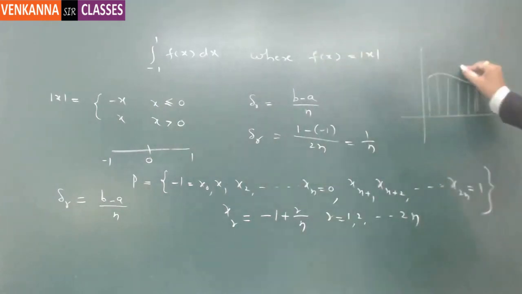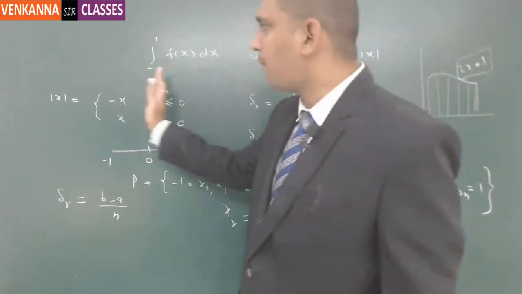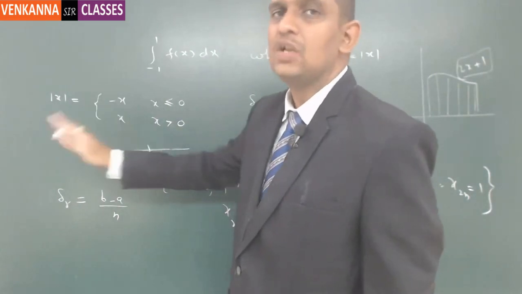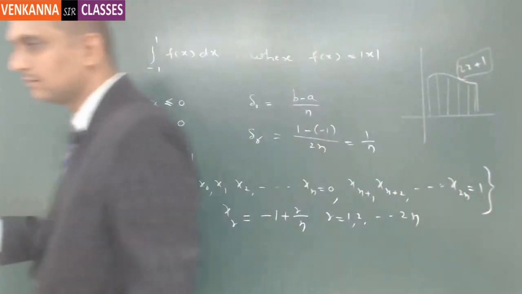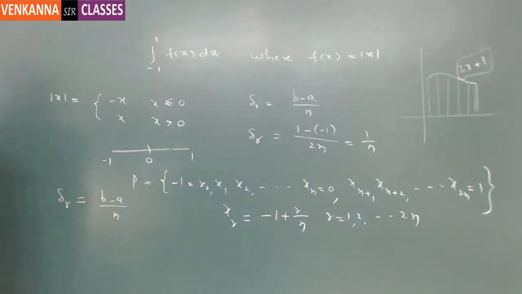Let me say if the function is 2x plus 1, throughout the interval its value is nothing but 2x plus 1. Here, for half part of the interval, its value is minus x. For the rest of the part, its value is x. Did you get the logic? The function value is changing. In other words, we are integrating two functions. That is why from -1 to 0, n segments I have considered. From 0 to 1, I have taken another n segments, total 2n segments. That was the idea. Fine.